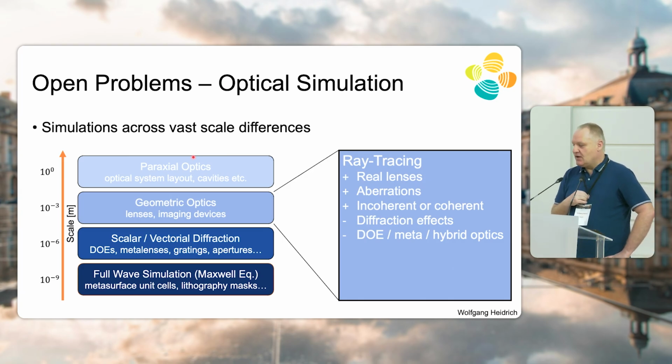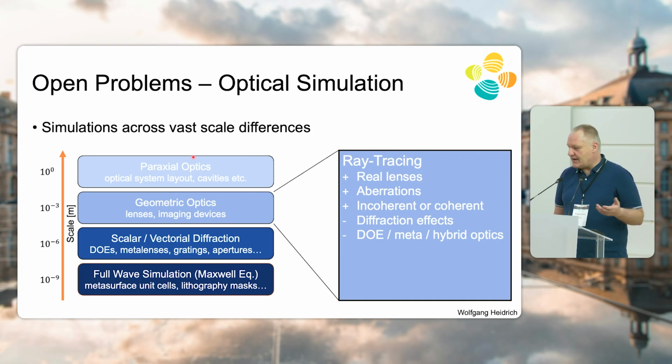And so the nice thing here is we have real lenses with real aberrations. They can capture all these kinds of higher order optical aberrations correctly. It works for coherent and incoherent light, so that's really nice.